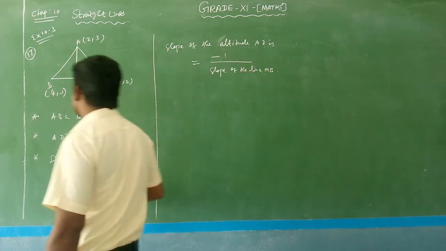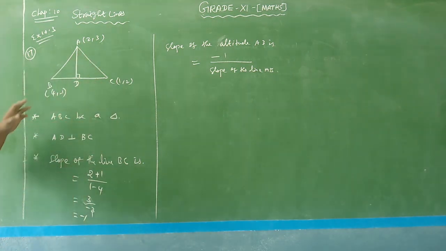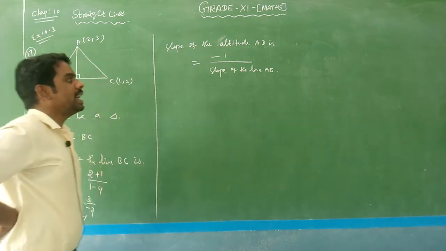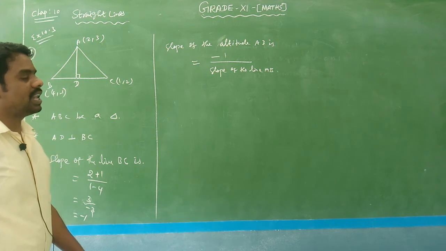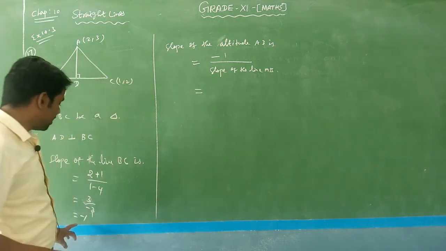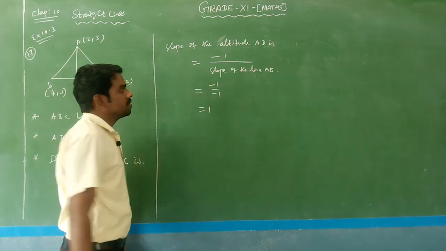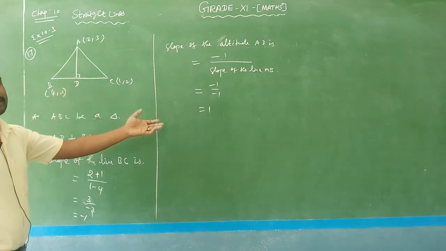You know that this line AD is perpendicular to BC, so these two lines AD and BC are perpendicular to each other. So the slope of the altitude AD is equal to minus 1 by the slope of BC, which is minus 1. So minus 1 by minus 1 is equal to plus 1. So the slope of the altitude AD is equal to plus 1.